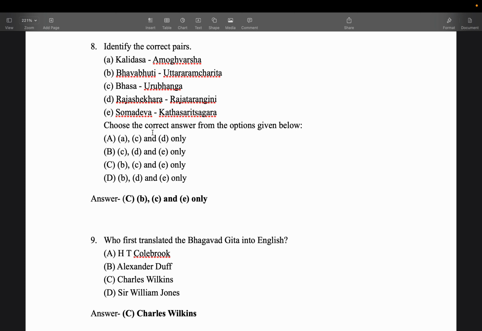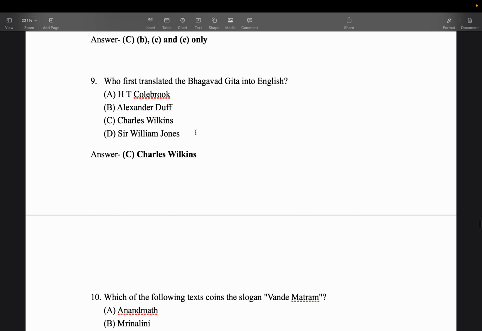Actually, we studied all this in our college days also. You should definitely Google search and find out the very famous Indian classics in Sanskrit, okay? Rajatarangini is by Kalhana. And Somadeva, Katha Sarit Sagara is famous. That is easy. This is also easy, I think.